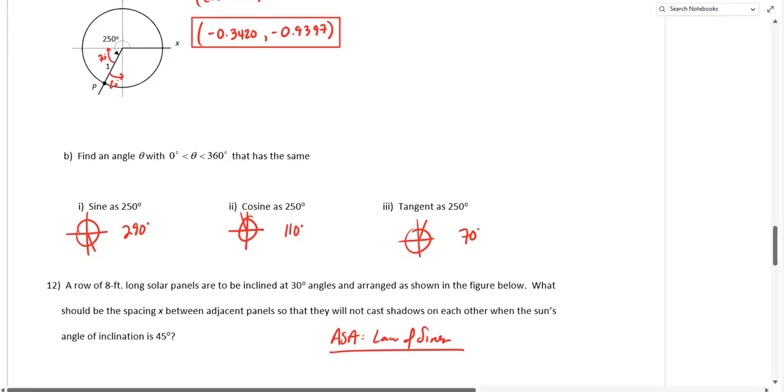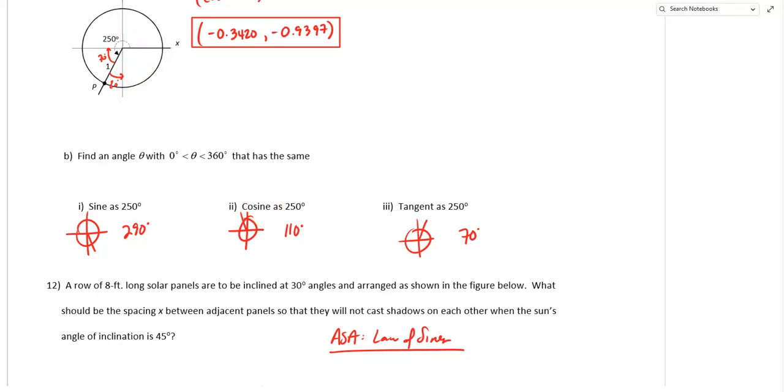So if we consider this position over here, if I come over here to this side, the mirror image across the y-axis, the point at this position also has the same y coordinate, so therefore it would have the same sine computation as 250. So the instruction is asking for us to find the angle where the sine quantity would be the same. And so the angle where the sine quantity would be the same would be at 290 degrees.